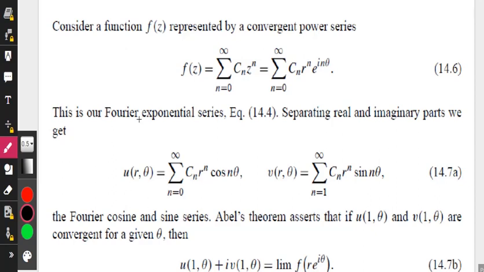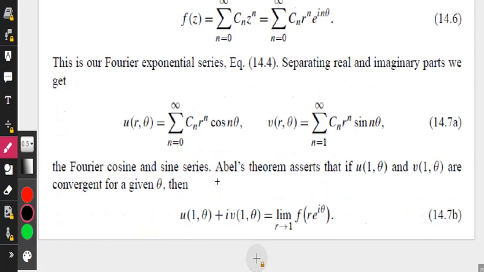Now separating the real and imaginary part, we get u r theta is equal to summation n is equal to 0 to infinity Cn r raised to n cos n theta, and v r theta is equal to summation n is equal to 1 to infinity Cn r raised to n sin n theta, the Fourier cosine and sine series.